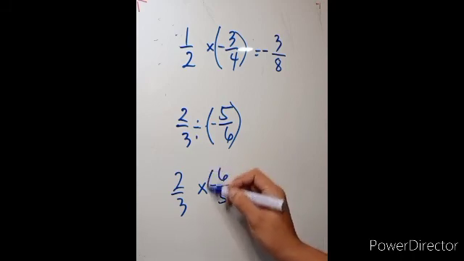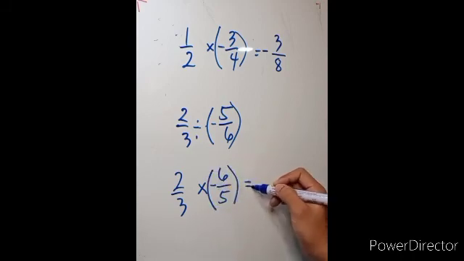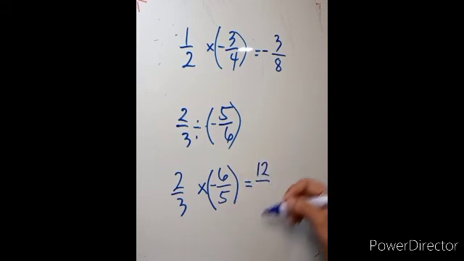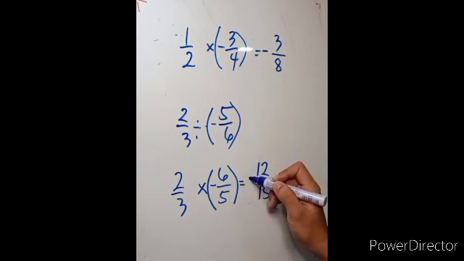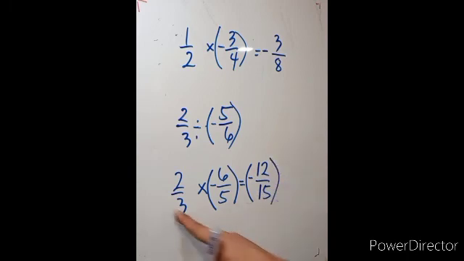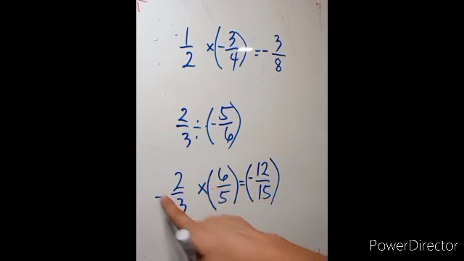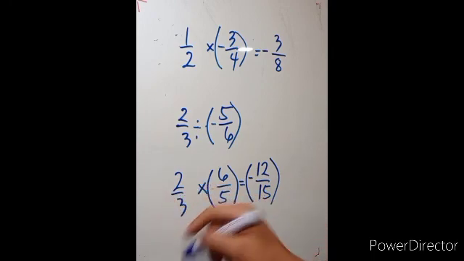So, negative. Our answer would be 2 times 6, that is 12, and 3 times 5, that is equal to 15. So, our answer becomes negative kasi isang positive, isang negative. So, ganun yun. Kung halimbawa, ito naman si positive, ito si negative, negative pa rin ang magiging sagot since they don't have the same sign.